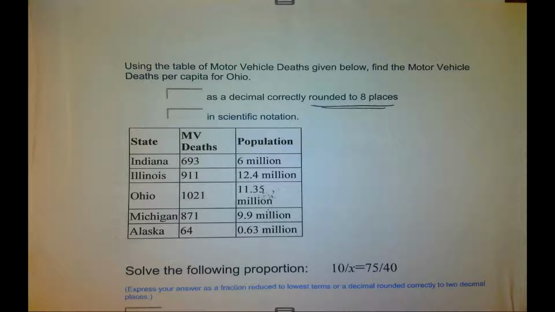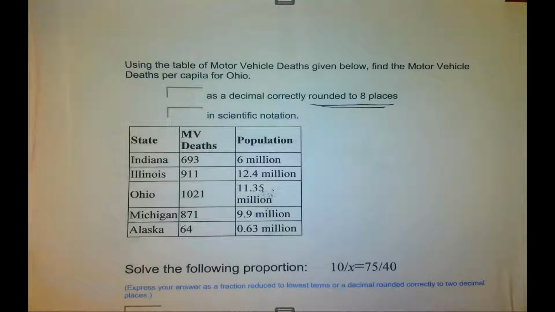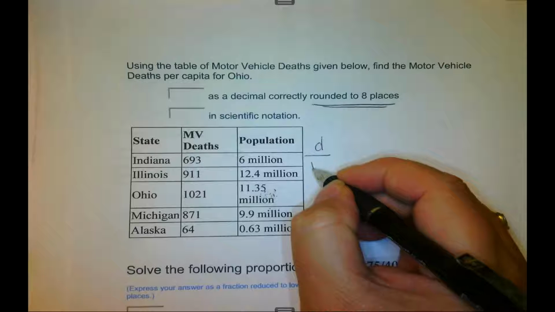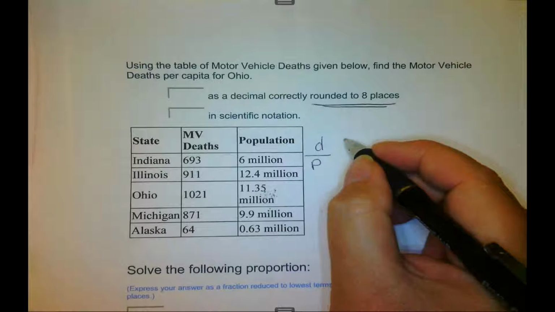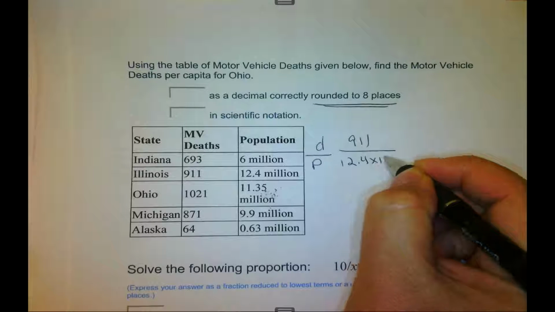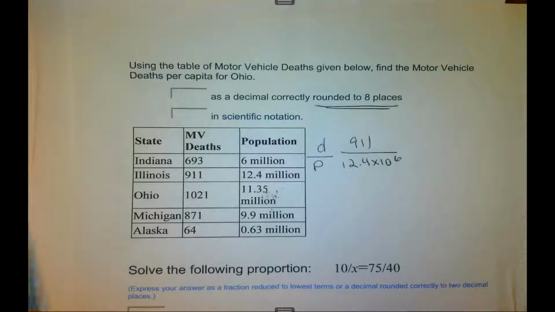So anybody want to pick a state? We'll do one more that's on the quiz here. Illinois. So remember, it's deaths per capita. So 911 divided by 12.4 times 10 to the 6th.